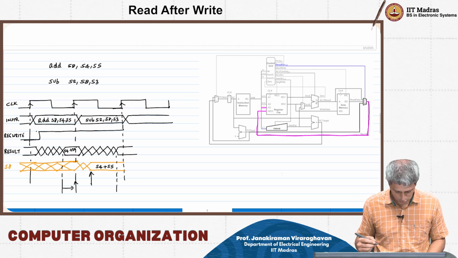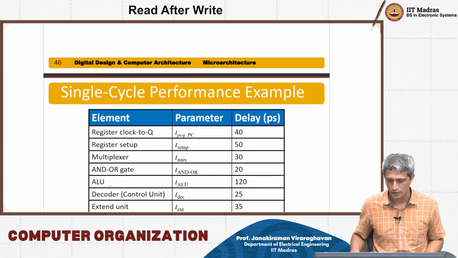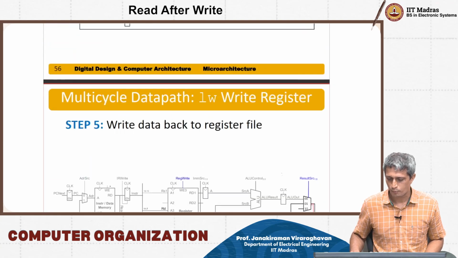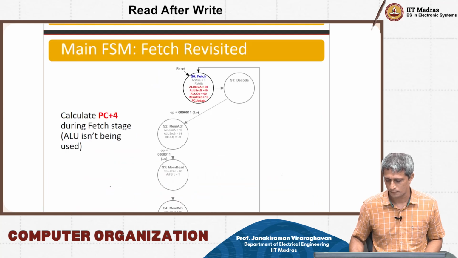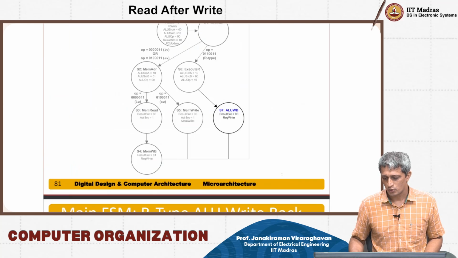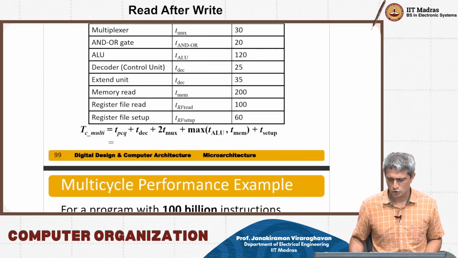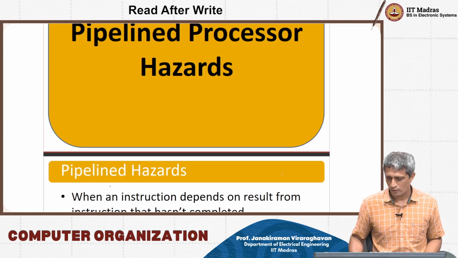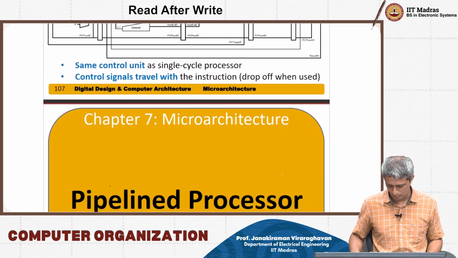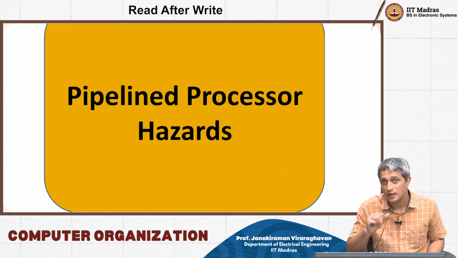So now let's go back and look at the 5-stage pipeline processor that we wanted to continue with. Having constructed the 5-stage pipeline processor and also looked at a 2-stage pipeline processor, what we want to now do is to jump into pipeline processor hazards.